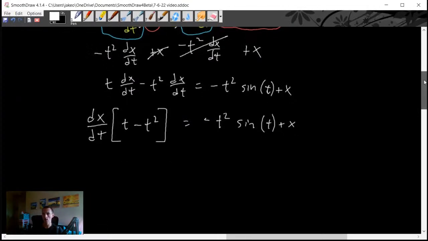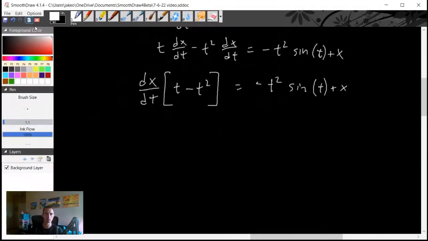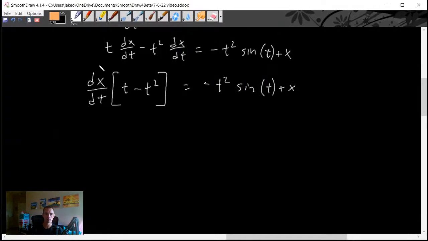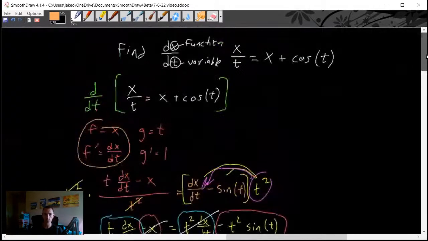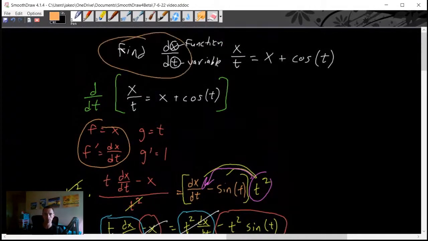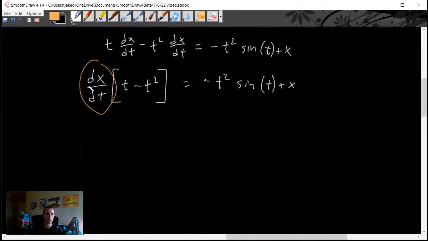And now we've gotten this equation to a point where we only have a single dx dt term, which is great, because, remember, the problem said find dx dt. That's what we were originally told to do. What we're trying to do is solve for that dx dt, which now we only have one of.